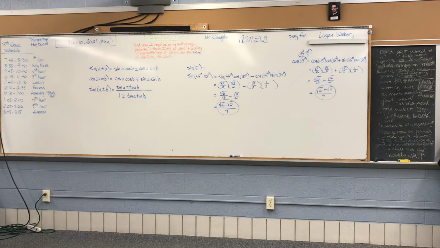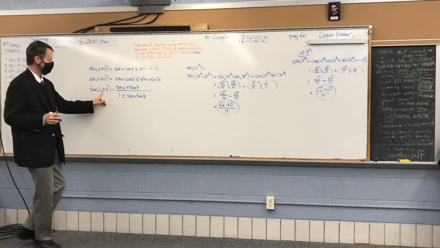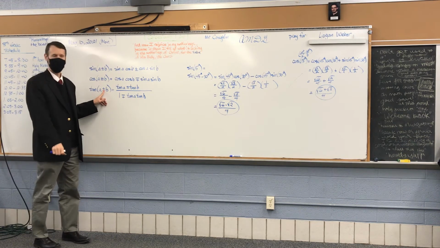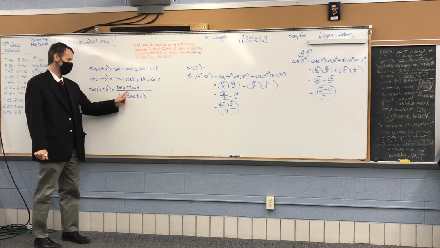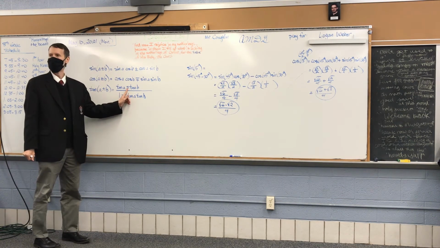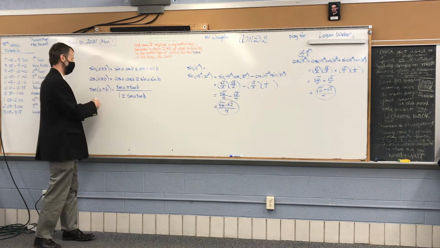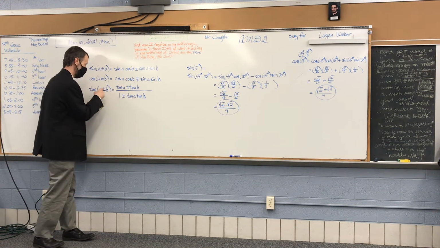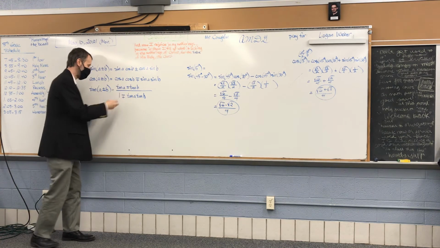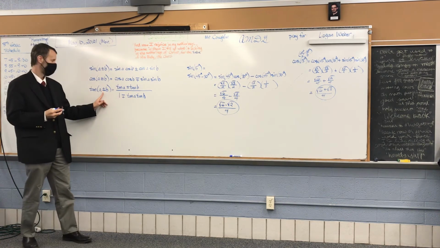So, do you notice that if the original problem is adding the two angles, this one is plus? What's this going to be? Subtract. It's just going to be the opposite. So if this is plus, this will be plus, and this will be minus. What if the original one is minus?